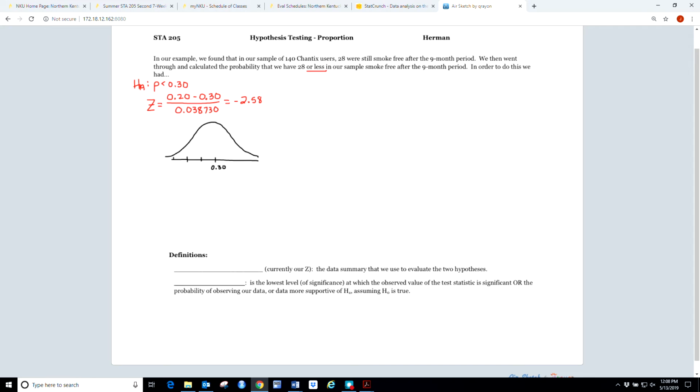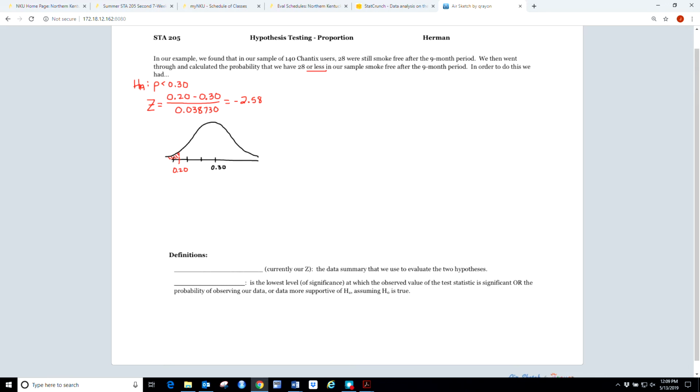We did some calculation for going out a certain number of standard deviations, but we found that this 0.2 fell about right here, and then we had shaded left. Well, that's exactly what we talked about our picture should look like in the previous video. We're centered at 30%, we have that 20%, we're looking for less than, so we're looking at this one-tailed left-hand side test.